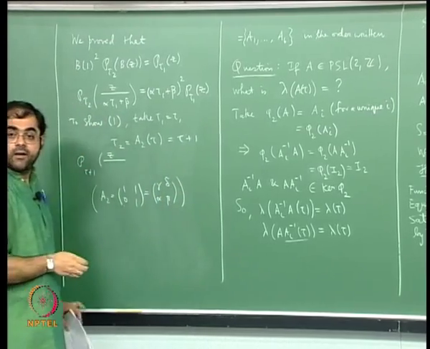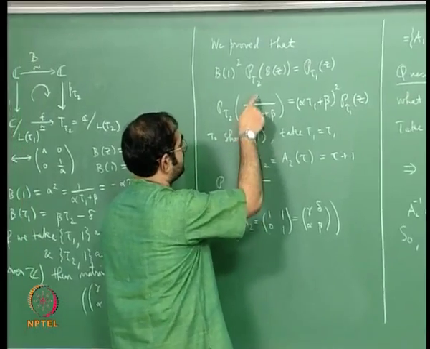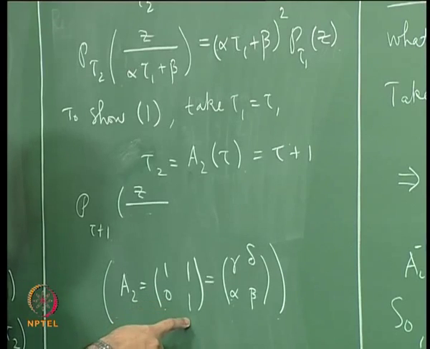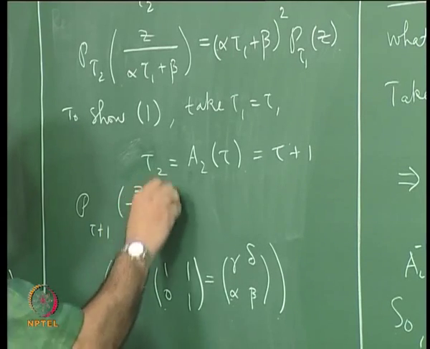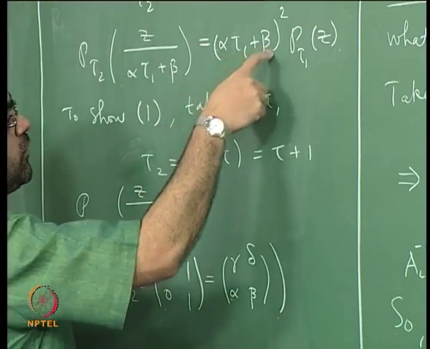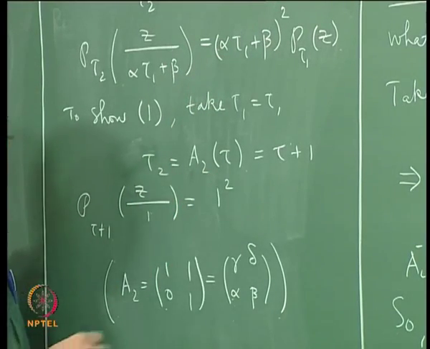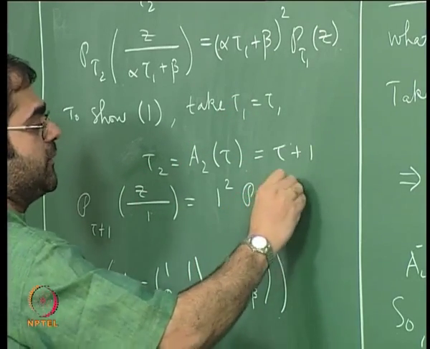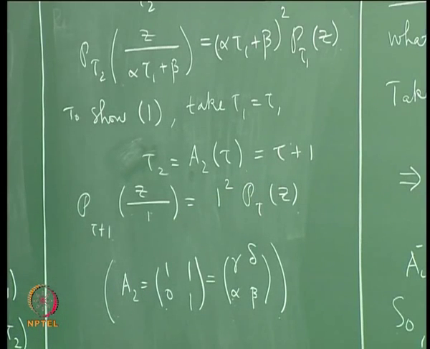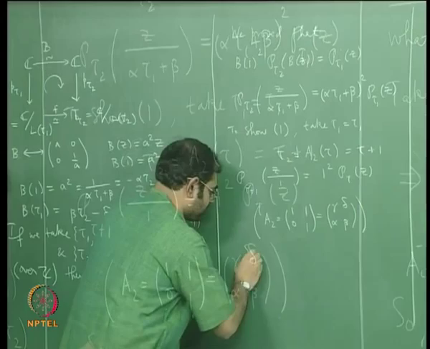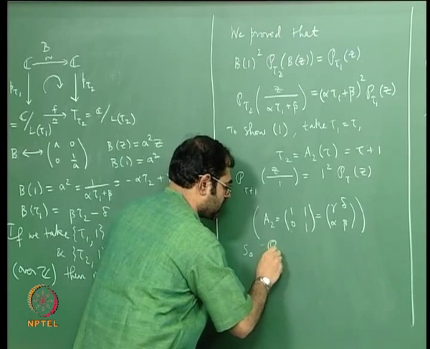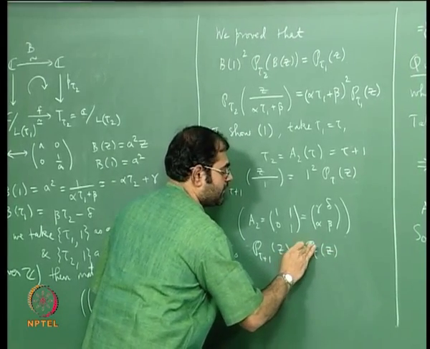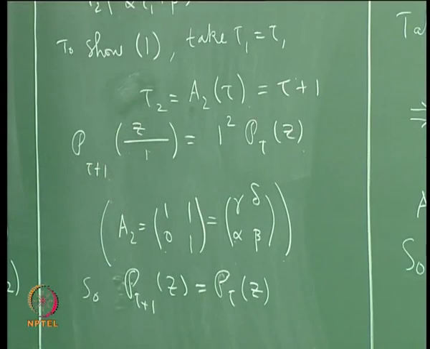If I apply this formula here, alpha tau 1 plus beta is going to be 0 tau 1 plus 1, so it will be 1, and the whole square is just 1 squared, into p sub tau 1 of z. So finally you get that p tau plus 1 of z is simply p tau of z.